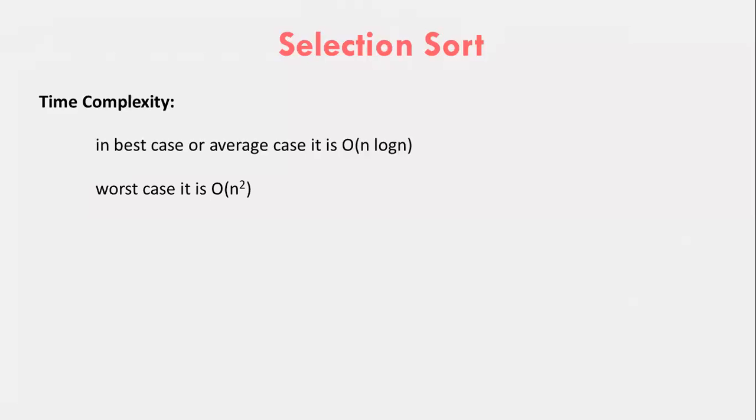The first one will be of size n, the second one of size n minus 1, the third one of size n minus 2, and so on. So assuming that there are k comparisons to rearrange a file of size k, the total number of comparisons to sort the entire list will be n plus n minus 1 plus n minus 2 plus and so on up to 2, which is our worst case complexity, that is order of n square.